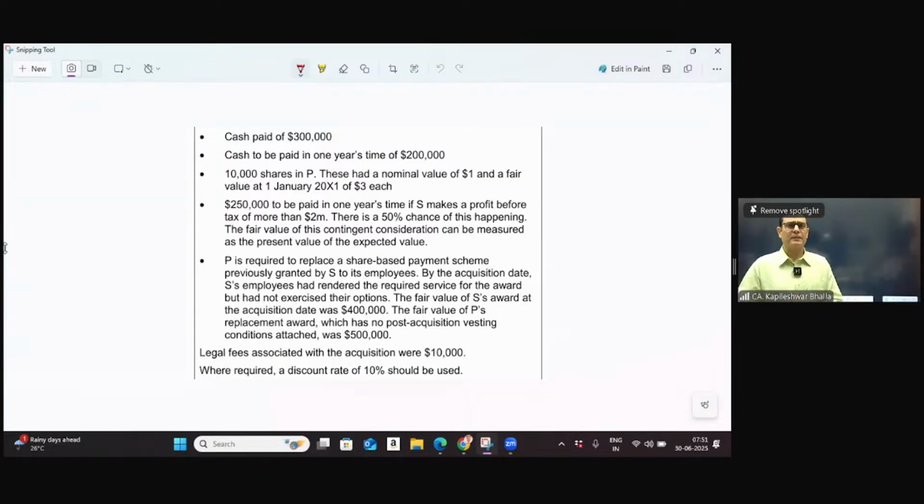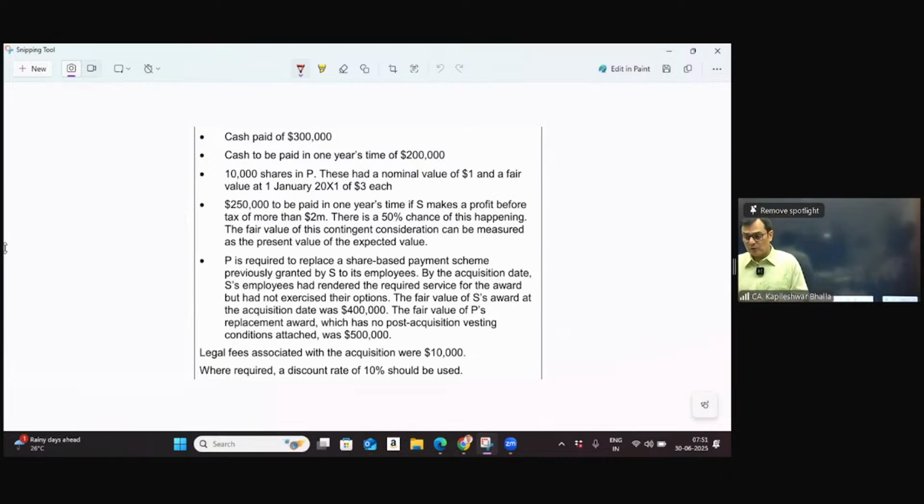So can I say the vesting period is already completed? So can I say I need to consider 100% fair value of the original awards as a part of PC? Is that correct? Yes. Because in this particular case, the vesting period is completed. So whatever is the original vesting period, that's already been completed.